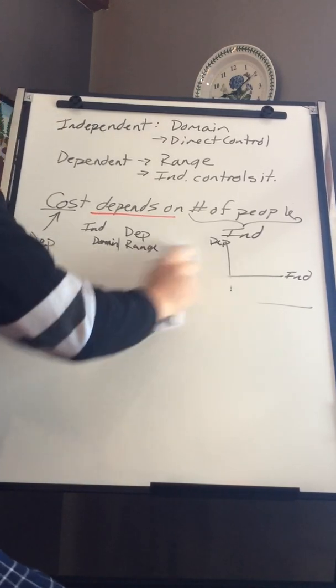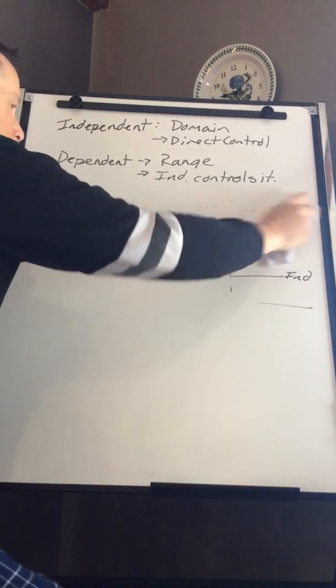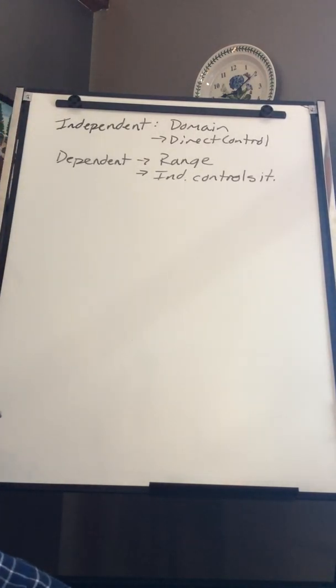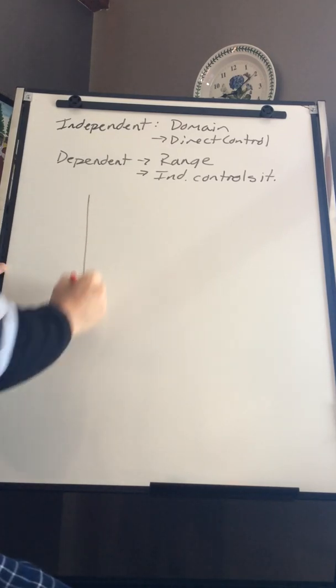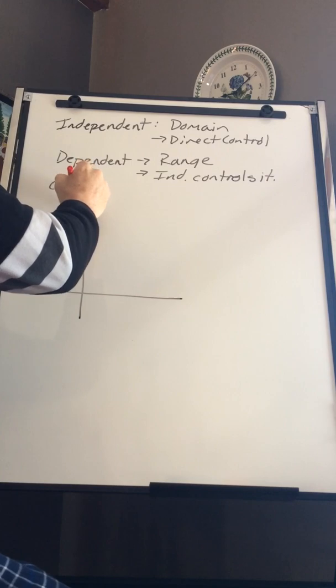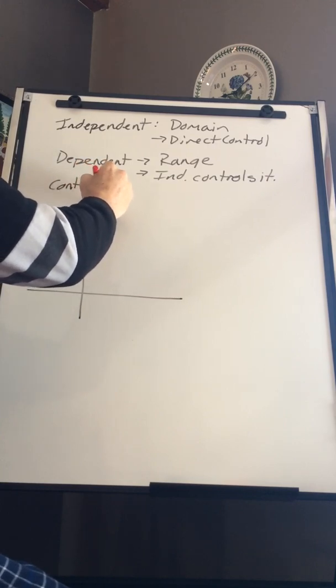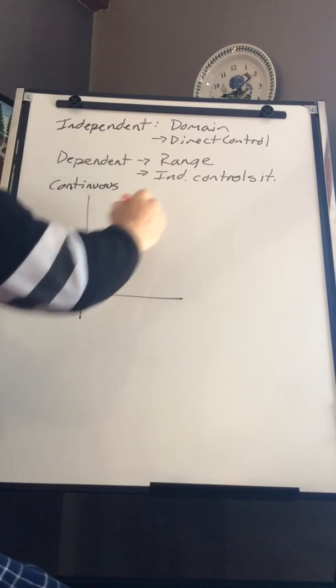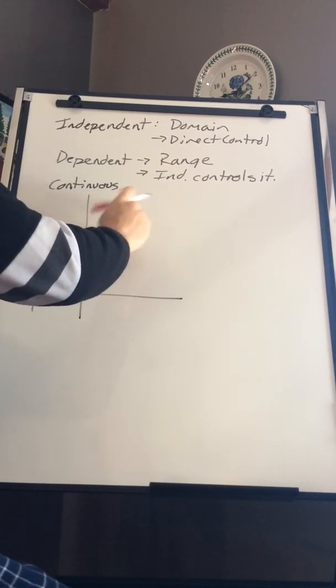And the one last thing that came up was continuous and discrete. So, a continuous graph is a line. Doesn't even matter what the line looks like. I can have it end.